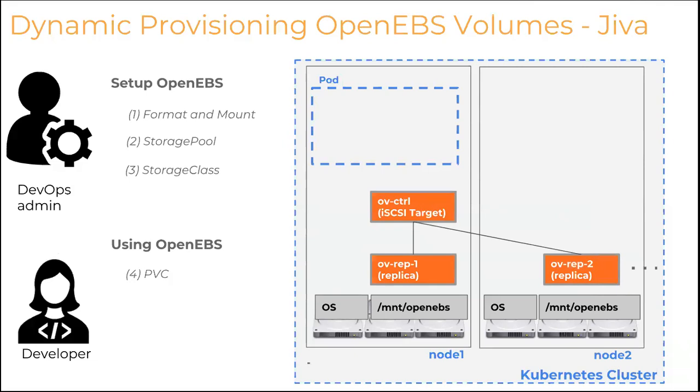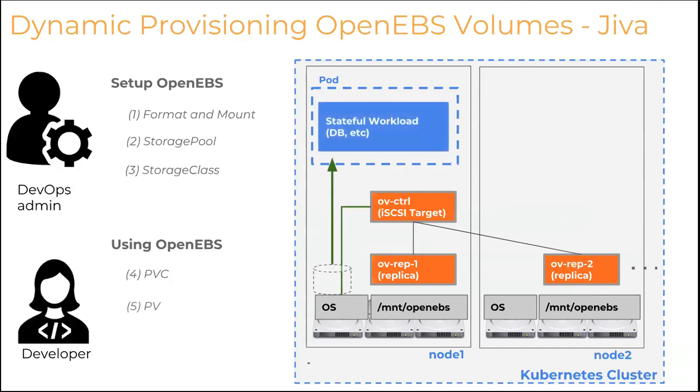So the OpenEBS provisioner's job is to create all these objects, the service, the deployment, the replicas, etc., and then create a PV object. That's the fifth step, right? And as soon as the PV is created, it's the job of the kubelet to attach it to the node where the pod is running, and then give it to the pod. And after that, the stateful workloads are started.